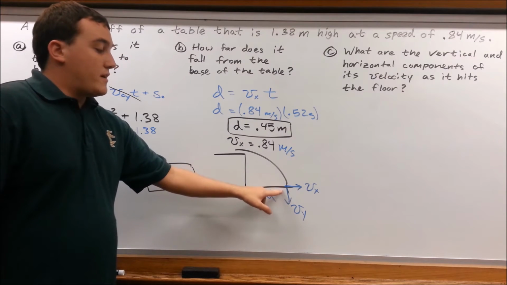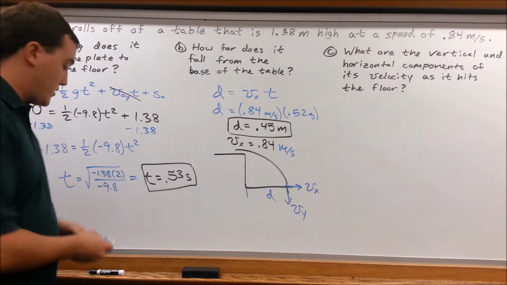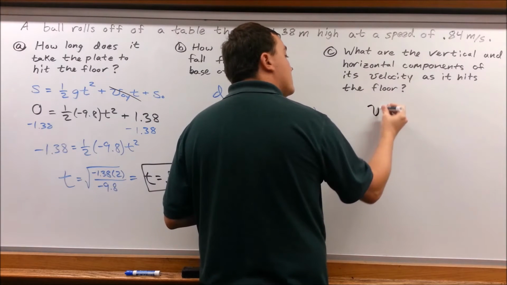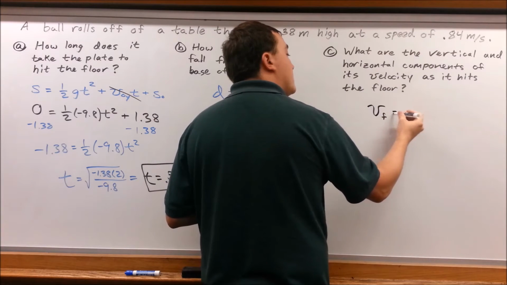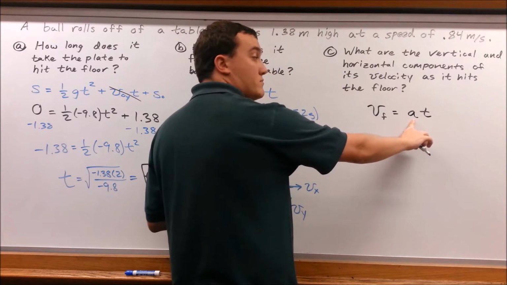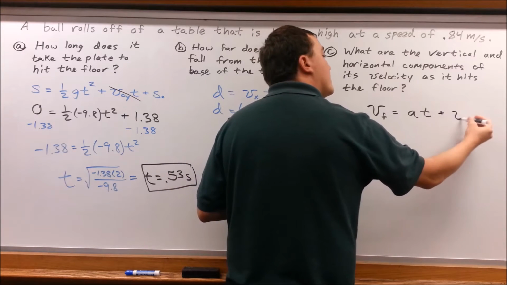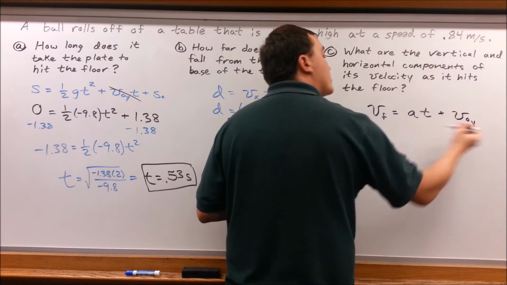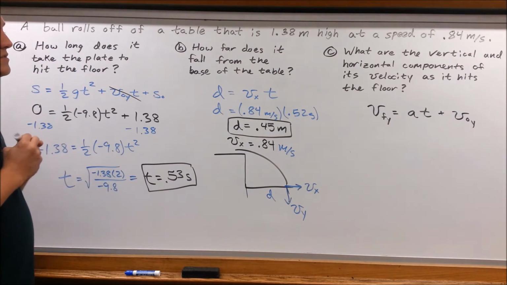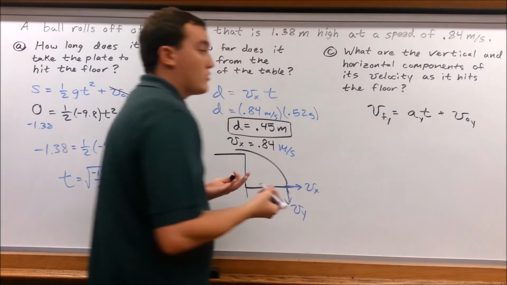The y direction is affected by the gravity, and it started at 0. So our second equation we can use, we know final velocity equals acceleration times time. We know this is g. So we can also say g times t plus initial velocity in the y direction. Acceleration is also in the y direction. That's our gravity.